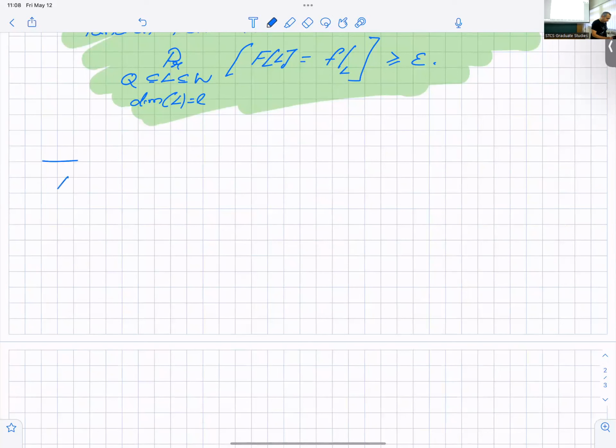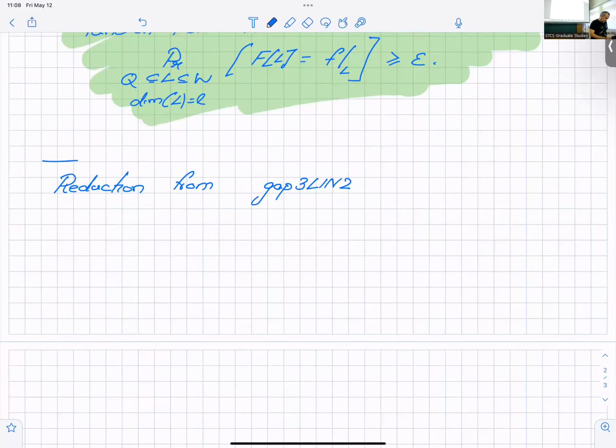The reduction is from gap 3LIN. We're going to take 3LIN-2, that is linear equations on GF(2) with 3 variables each.